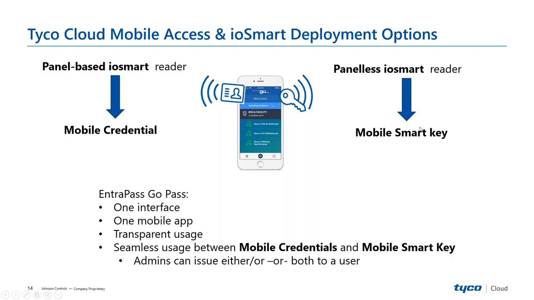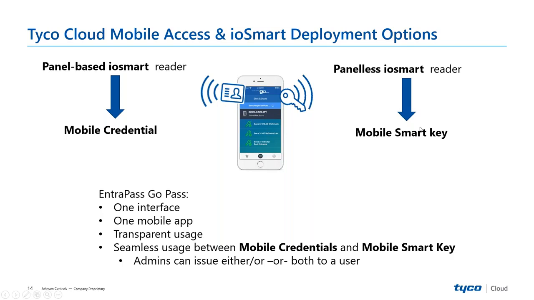The readers themselves, the panel-less readers and the panel-based readers, have serial numbers in the back. Those serial numbers need to be entered in the cloud. So we know that the panel-based reader is a panel-based reader, and there's nothing else to do. You say the name of the door is panel-based or panel-less, type in the serial number of the reader, and then say the length of the Bluetooth, short, medium, or long.